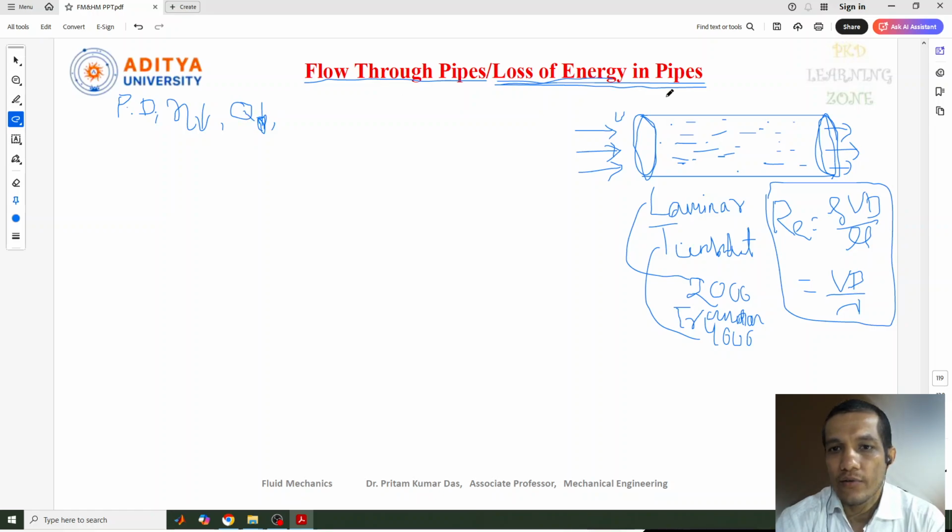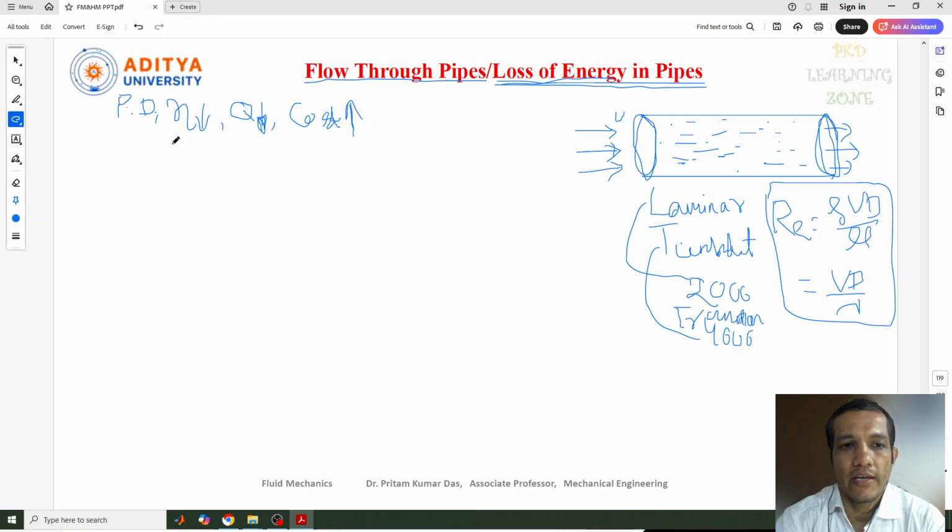Because flow rate is directly related to velocity, we know that Q equals AV. Though the velocity of the fluid is decreasing, we need more pumping effect to make it flow. More pumping effect means the cost is going to increase. So one more point is that the pumping cost will be more.